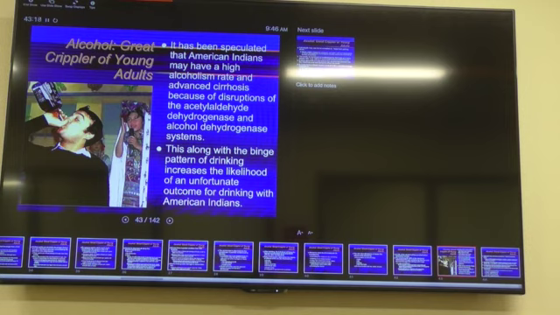And this may be one of the reasons why American Indians react to alcohol in such a negative manner, where they die of alcoholism at a relatively young age in their 40s, 50s, and 60s, whereas Europeans can drink a lot for an extended length of time, and they won't die of alcoholism until they are in their 60s, 70s, or 80s.